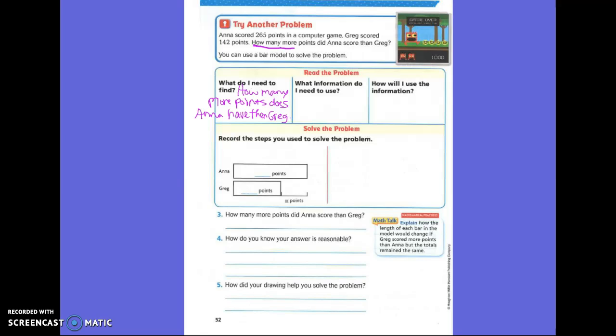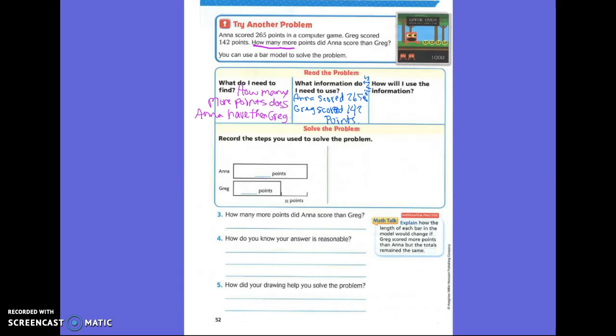Okay, Anna scored 265 points is important, and what else is important? Total score? Nope. No, that's the question. And Anna's score is what we need, and what else do we need, Bella? Greg's score, which his score is? 142. Okay, we're going to write that in.